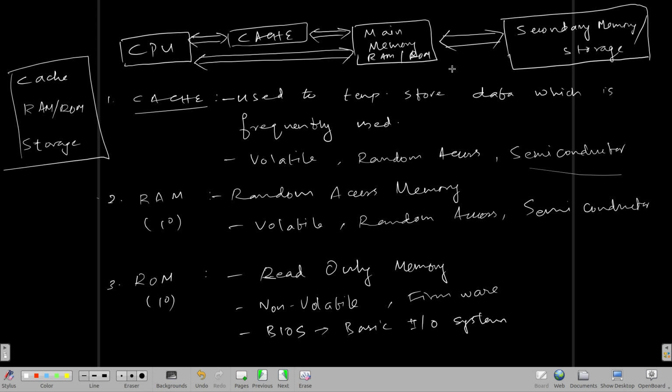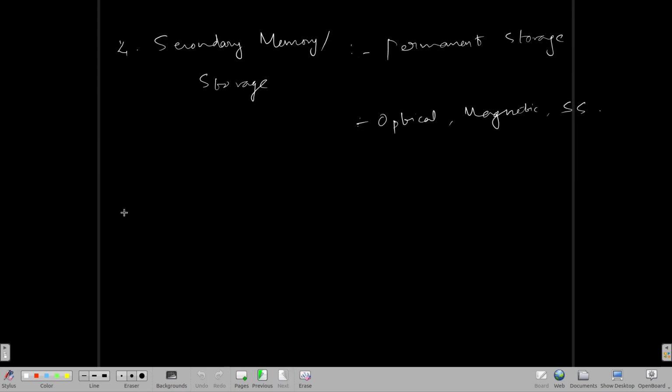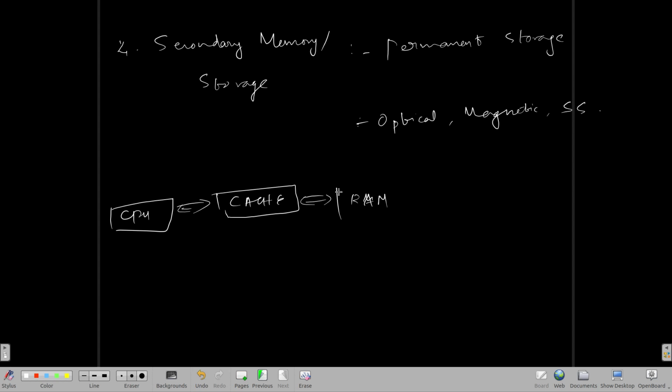Okay, let's redraw this. We have the CPU. We have the cache. We have the main memory, I'm writing RAM.